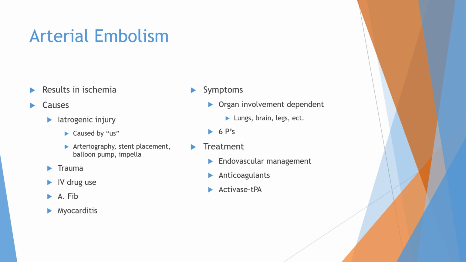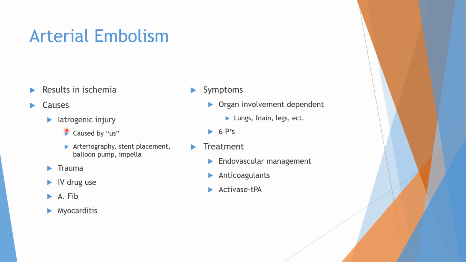And arterial embolism, so this is our medical emergency, right? This is going to be our 7 P's, 6 P's, pistol shot, polar, pallor, paralysis, pulselessness, pain, paresthesia. This can be caused by us, right?